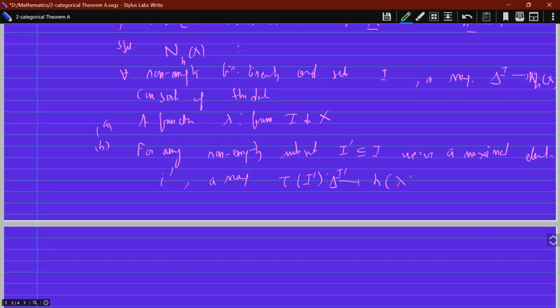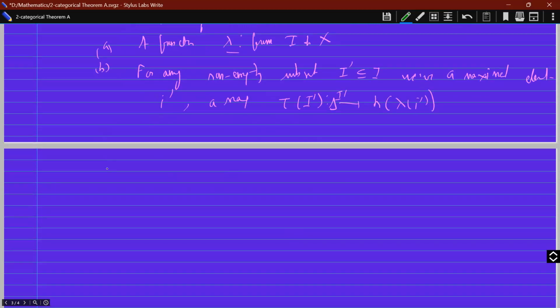And for non-empty subsets J, again the maximal elements are denoted with lowercase j.